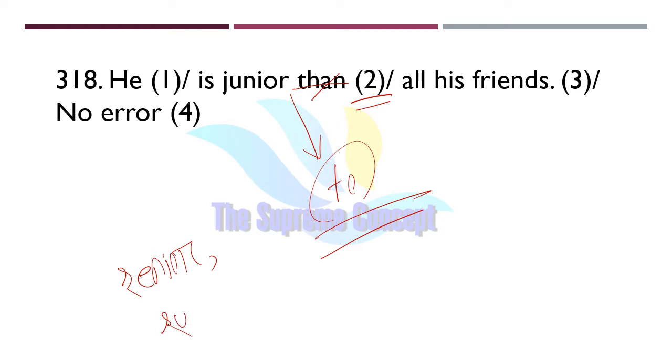Especially the words that end with ior, it is a hint, you can say. So senior to, junior to, superior to, inferior to. So he is junior to all his friends is the correct answer.